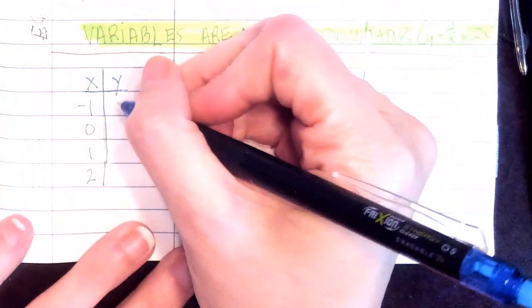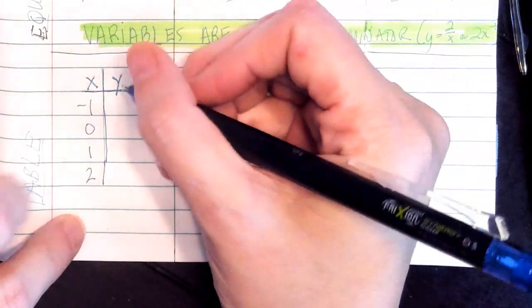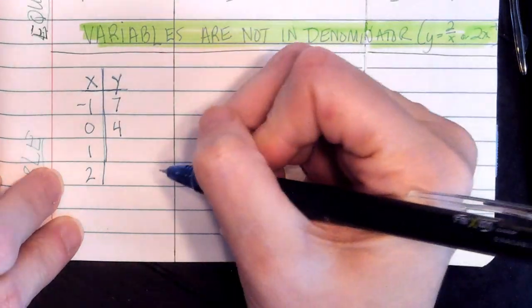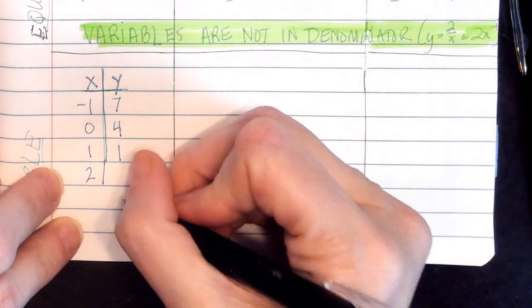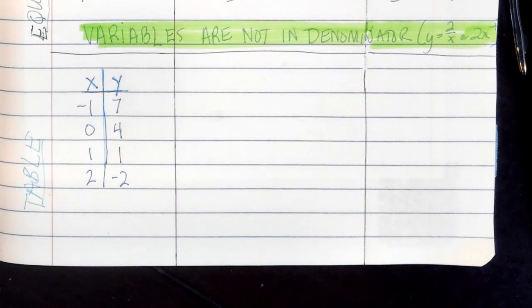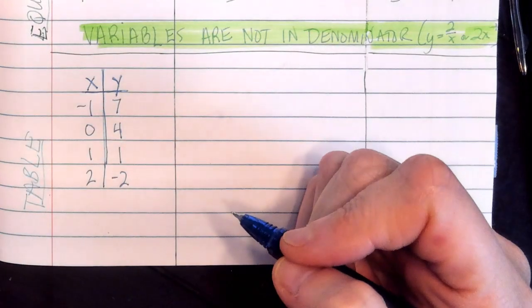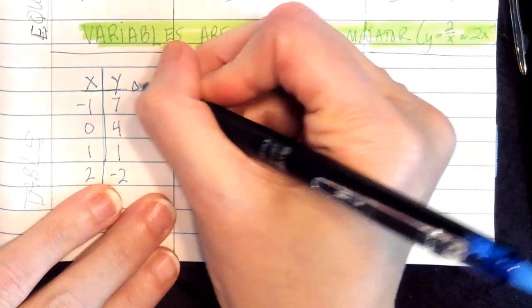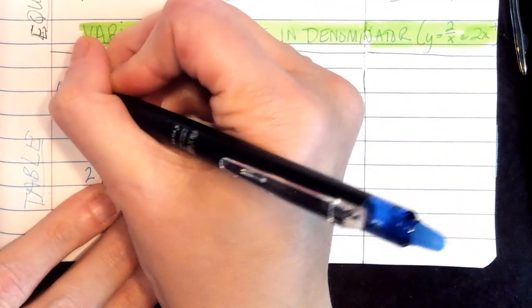Okay, so the first ordered pair is going to be -1, 7, and then 0, 4, 1, 1, 2, -2. Now, you should all be real familiar with linear by now. You should know that when we're looking at a linear function, we are going to be finding delta y over delta x.